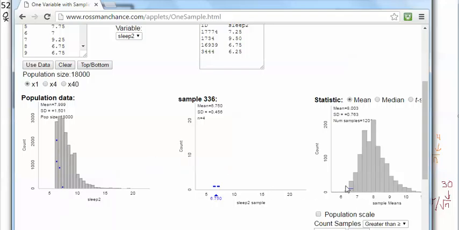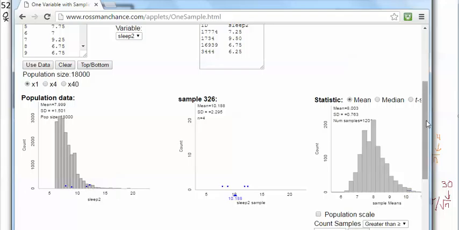You can see that the sample mean is at the low end because these 4 people are at the low end of the population, so they have low values and a low sample mean. And here, since these 4 people have higher values, they have a higher sample mean up here.